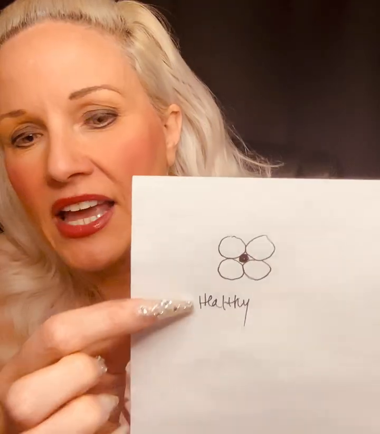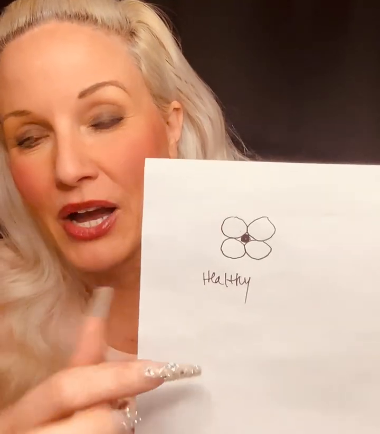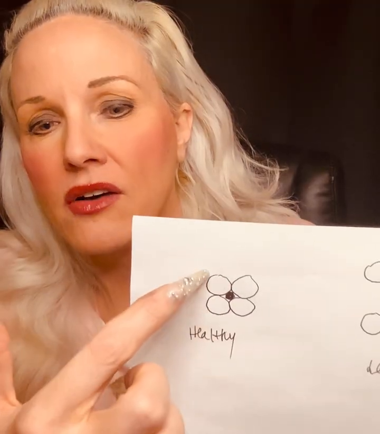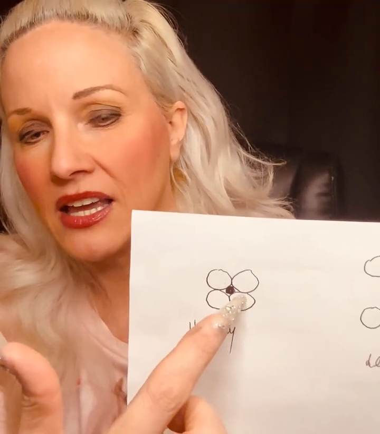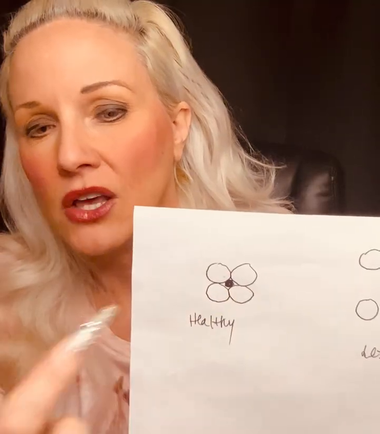In the healthy version, all of the circles are touching, and where they're touching, it creates intimacy, because when you bring your sense of self to the table and I bring my sense of self, we're honest about what we're feeling, we're honest about what we will accept and what we won't accept, we're honest about our needs, we're honest about what's going on in our lives.